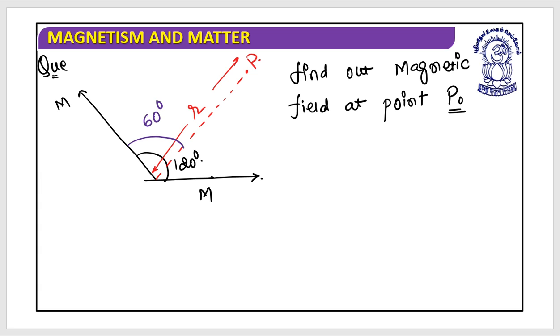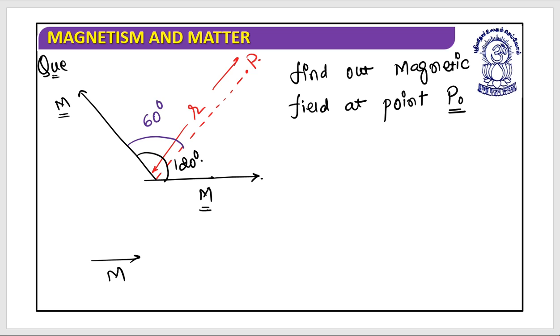What do you think? What I understood is that this is one magnetic dipole moment, and this is another magnetic dipole moment. If I take the resultant of these two, what will it be?